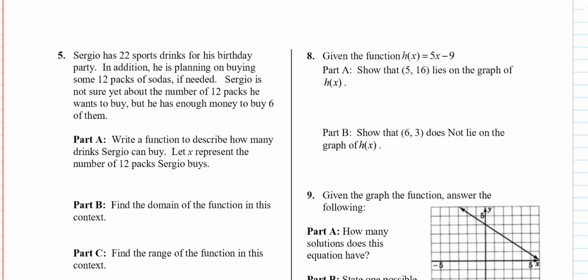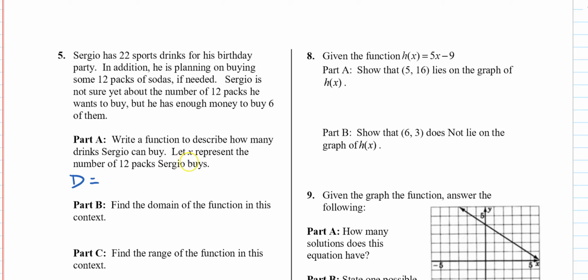So he already has 22 sports drinks. So we want to know how many drinks he can buy. So drinks are equal to... So this problem, it's not worded very clearly.